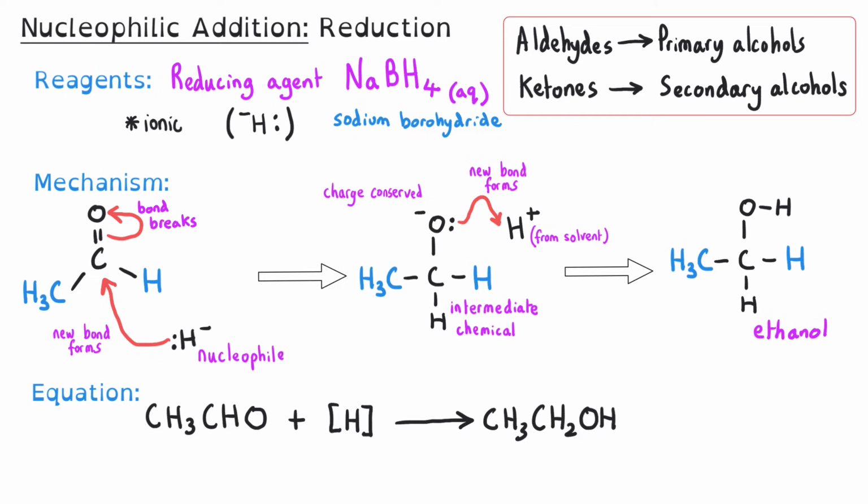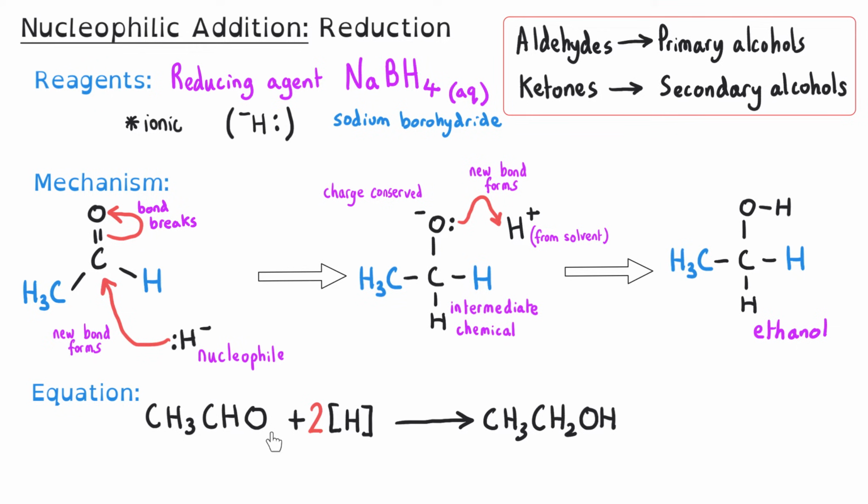Just like we can do the same with a capital O for oxidation when we're using an oxidizing agent. And then to balance this, we actually need to put a big 2 as our coefficient in front of the hydrogen from the reducing agent, because the aldehyde is gaining 2 hydrogen, 1 from the nucleophile and 1 from the solvent.